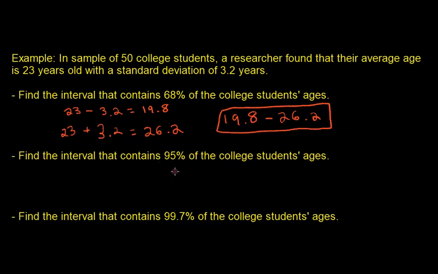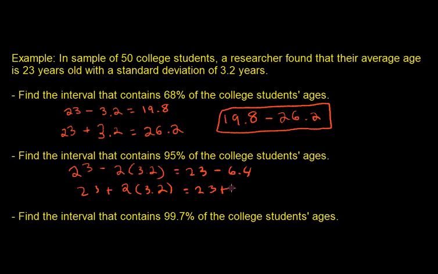Now let's find the interval that contains 95% of the college student ages. That's 2 standard deviations from the mean. So 23 minus 2 times 3.2 and 23 plus 2 times 3.2. That's 23 minus 6.4 and 23 plus 6.4.